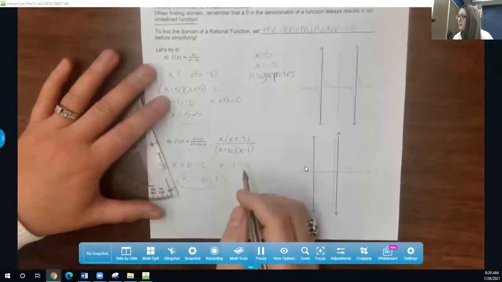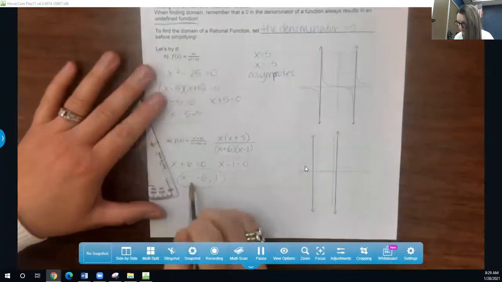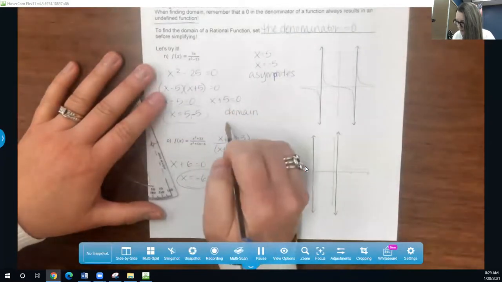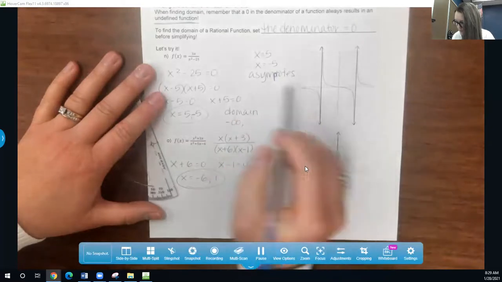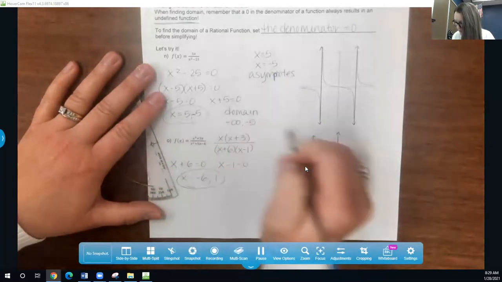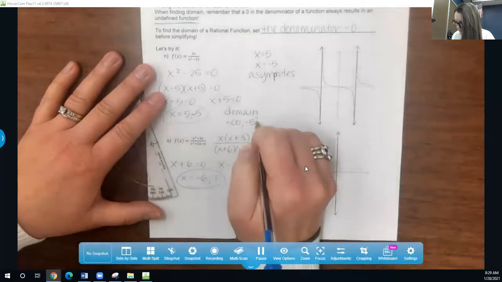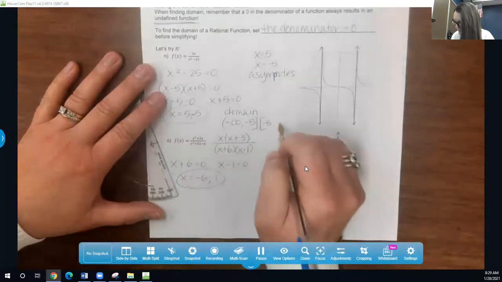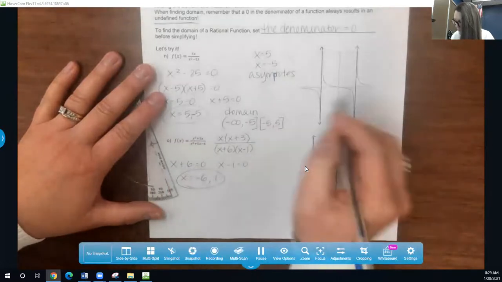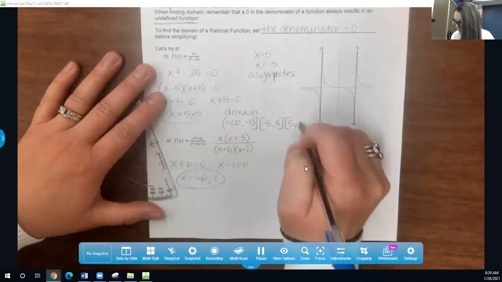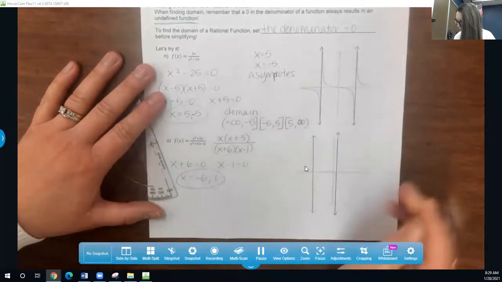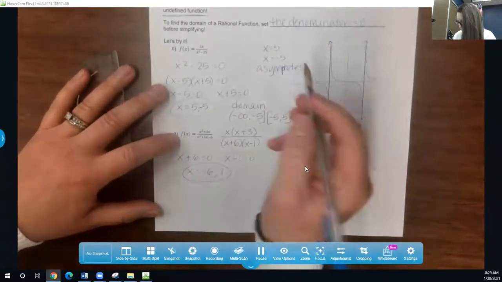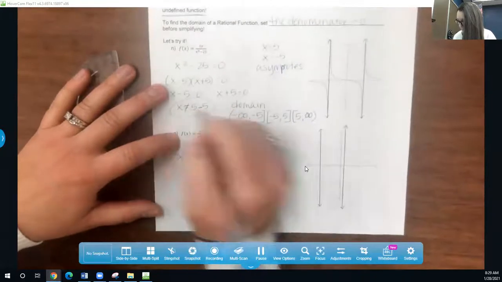So you can think about this: these are asymptotes, so x cannot equal those values.